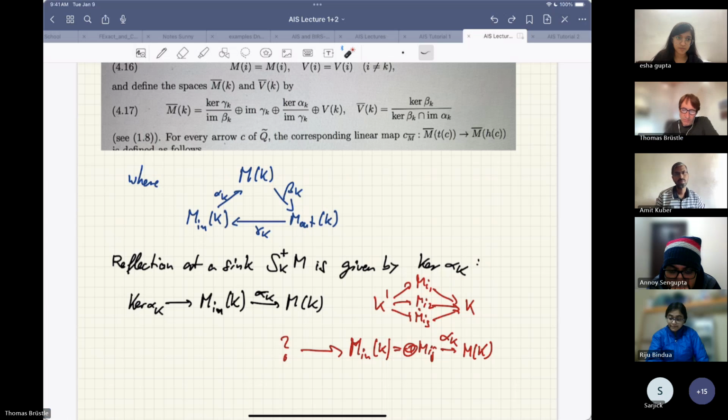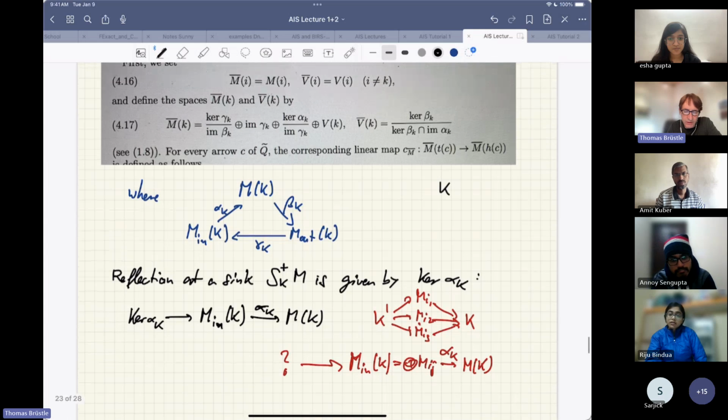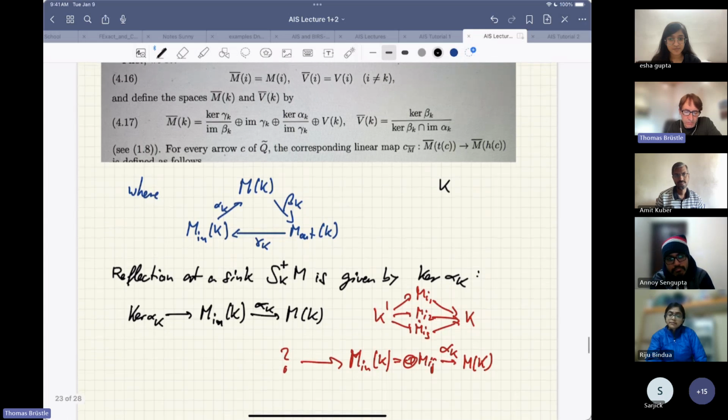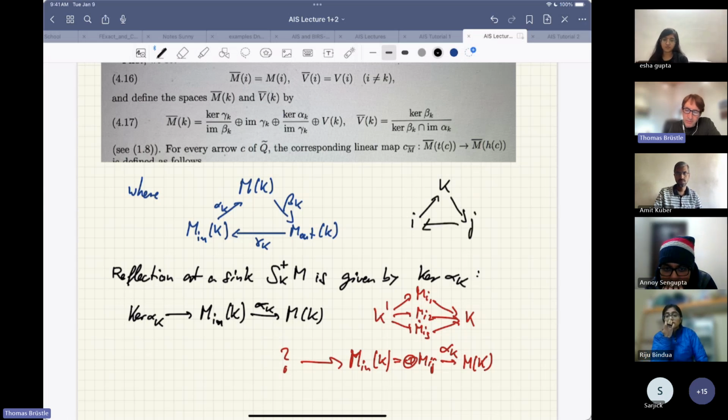Now our situation is a bit more complicated, because K is no longer a sink or a source. There are some other arrows around. There are some arrows that go in, and some arrows that go out, and possibly some arrows between those arrows that go in and those that go out.